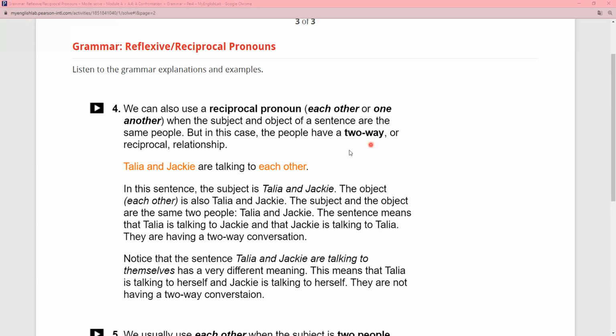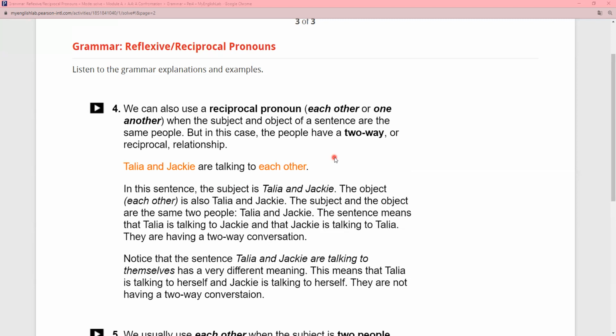It is different if I say Talia and Jackie are talking to themselves, right? So it means that Talia is talking to herself and Jackie is talking to herself. So there is no reciprocal action, okay? So it's very different. If we are sharing a reciprocal action, we're going to use each other.